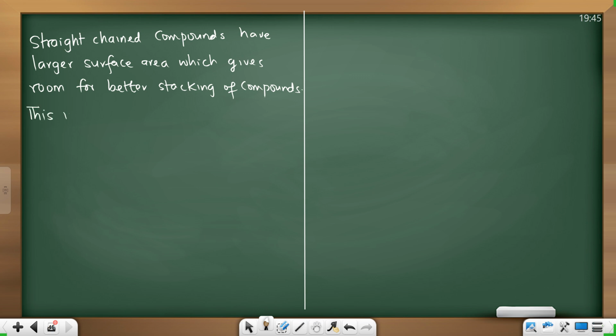This increases the strength of the intermolecular force of the compound.